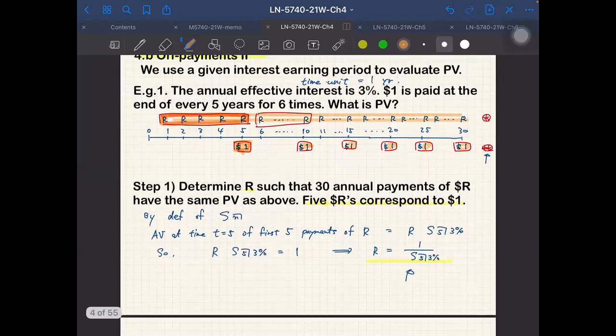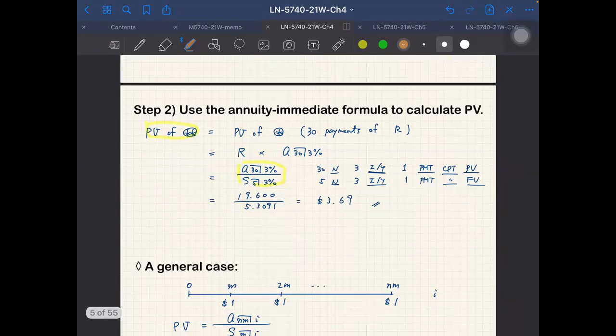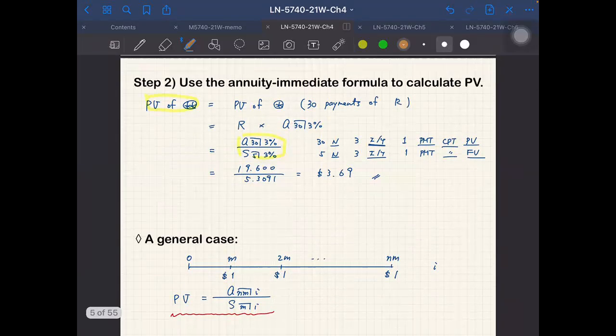In this way, we can translate the less frequent payments into annual payments. You can review the details, but finally you have to get the ratio of the two annuity formulas to calculate this kind of payments if we use the interest earning frequency as the time unit.